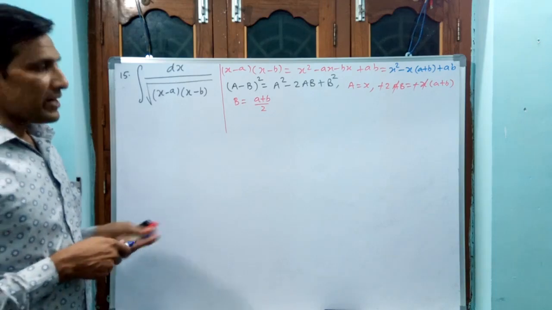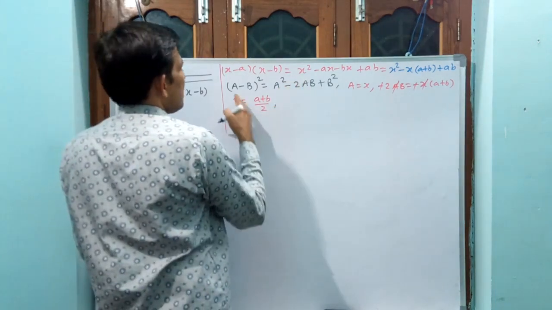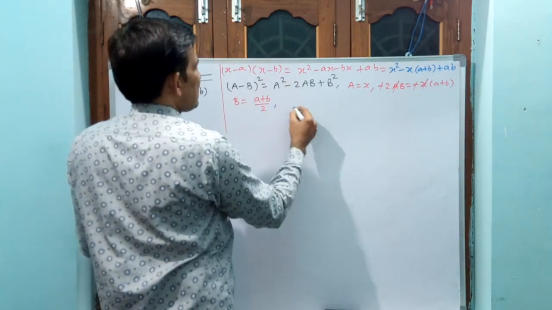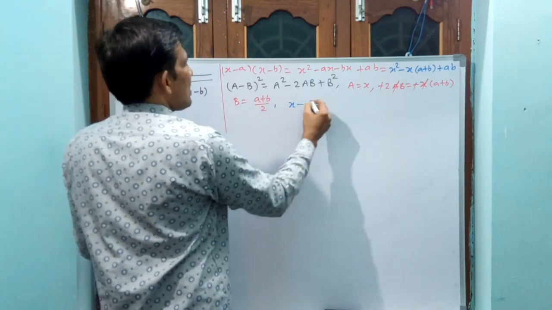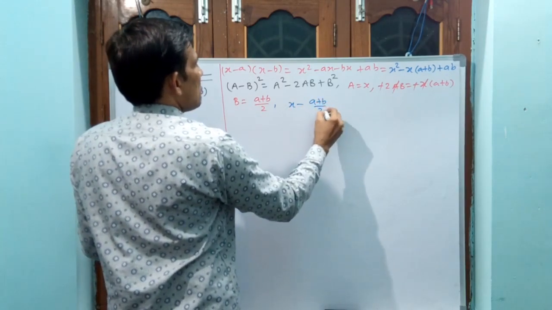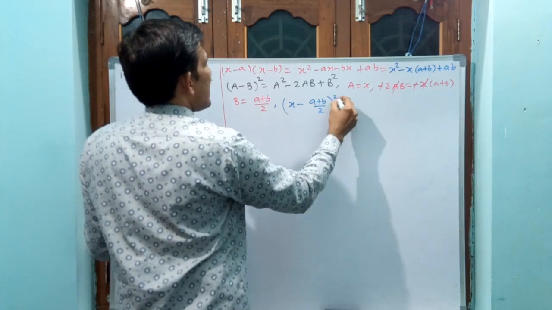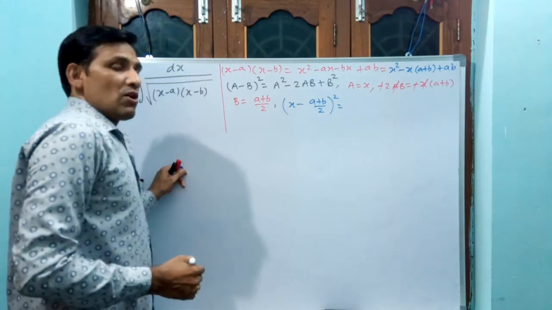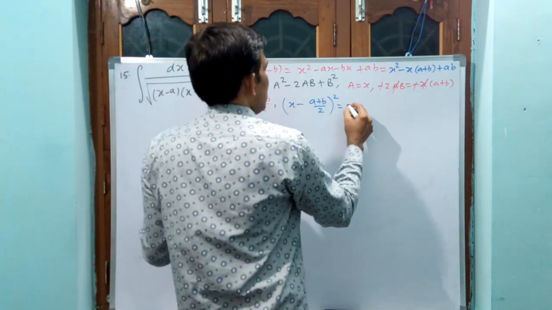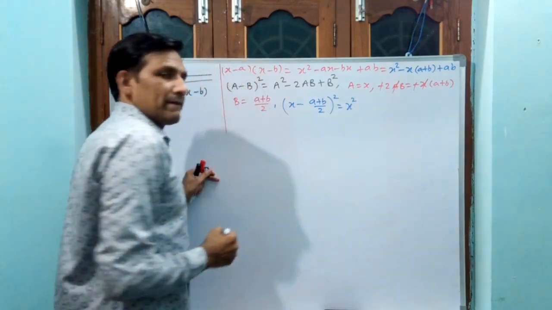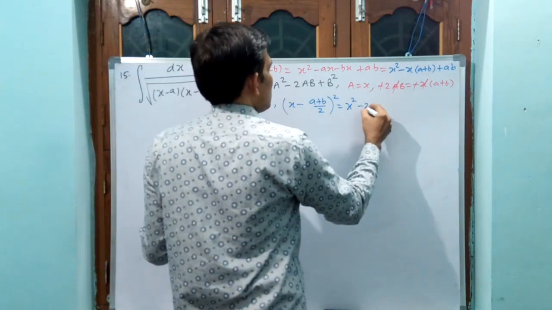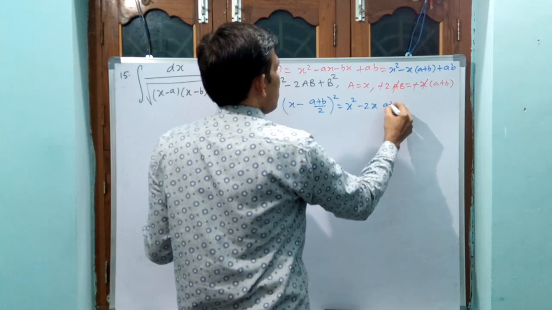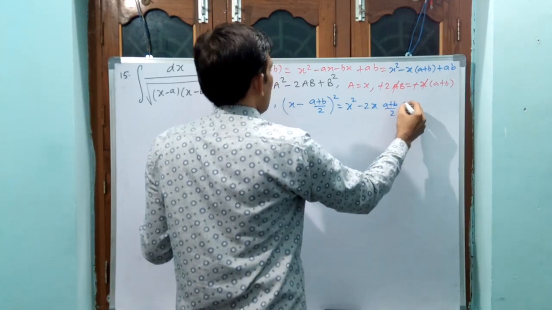Okay, how are you going to write? Again you write this: (A minus B) whole square, A means x, B means (a plus b) by 2, whole square. What will come? You see, A square minus 2AB, minus 2xb, plus B square.